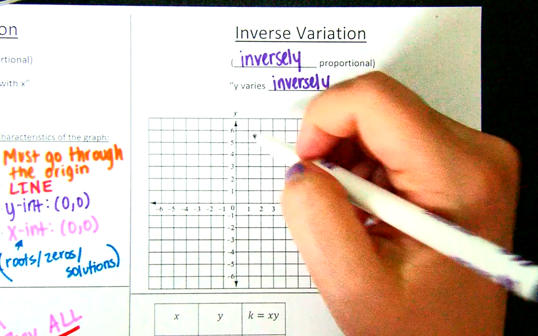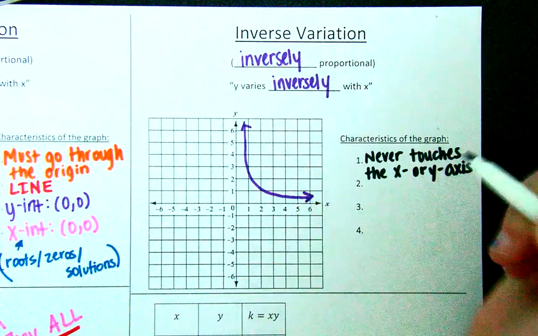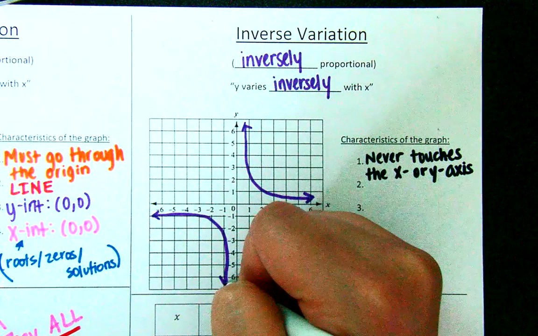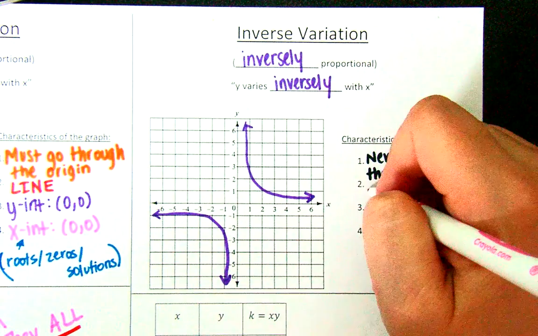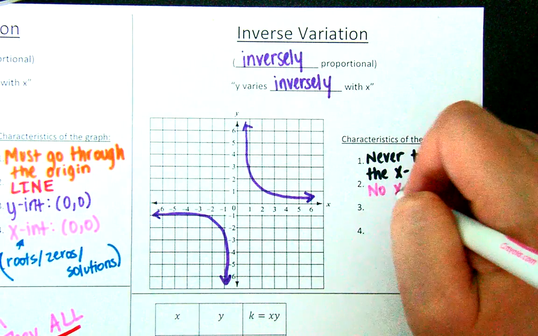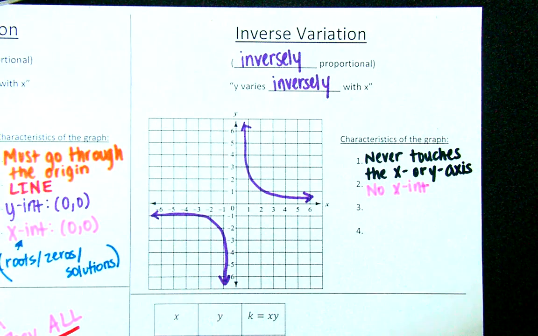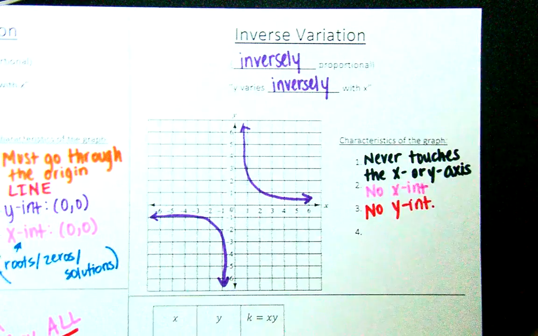Okay, so this is an example. It will never cross the x and the y-axis. Okay, there is no x-intercept. Another characteristic is there is no y-intercept because it's never going to touch those.